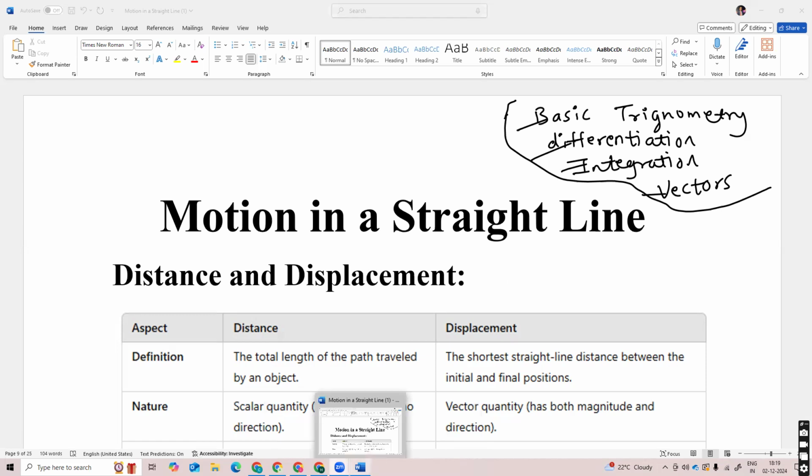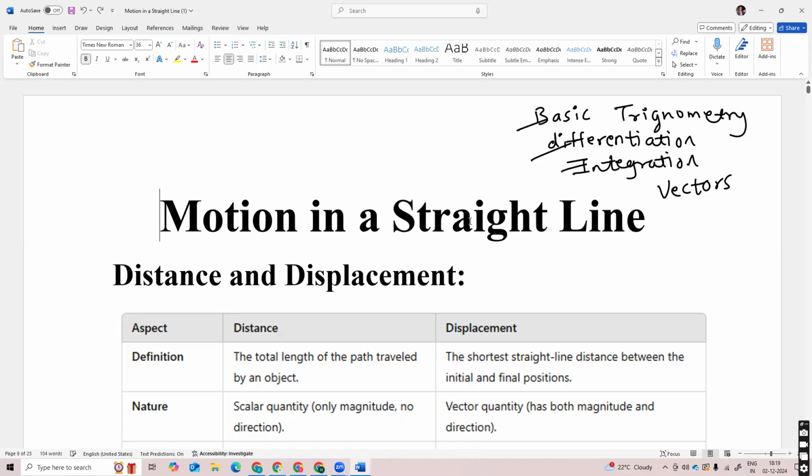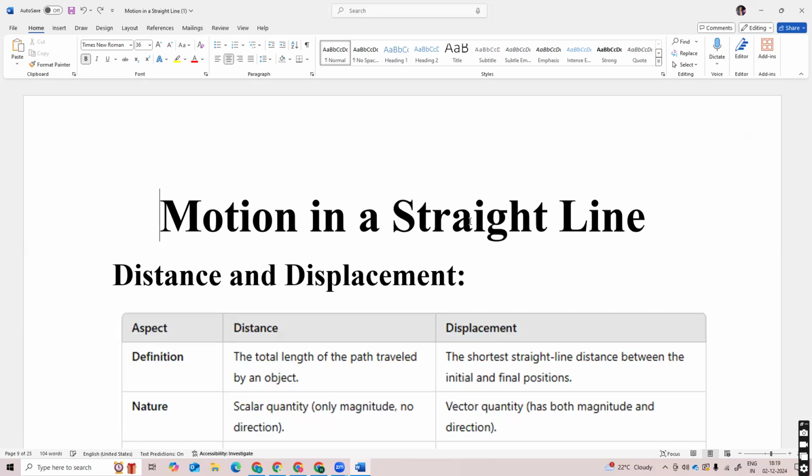Okay, so now I will start with motion in a straight line, and in today's class, first of all, I will cover what is distance, then displacement.